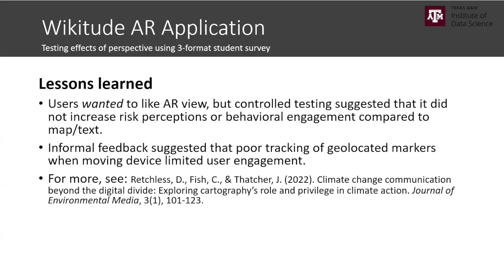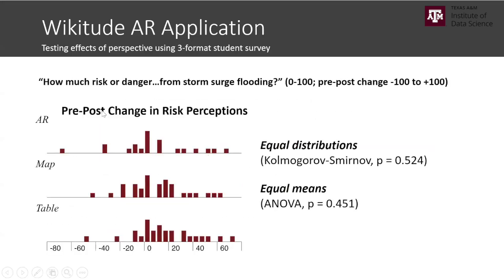Informally, feedback from my users suggested that poor tracking of the geolocated markers when moving the iPad device might have limited engagement somewhat. Also, the fact that we saw somewhat lower risk perception change for both AR and map views suggests to me that perhaps there's something about geolocated data that is lowering risk perceptions here.